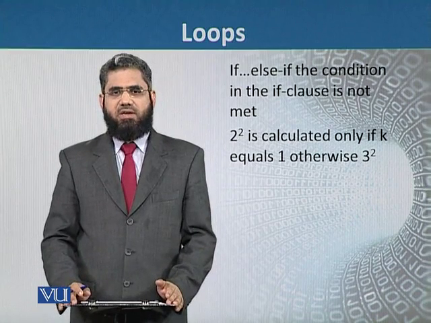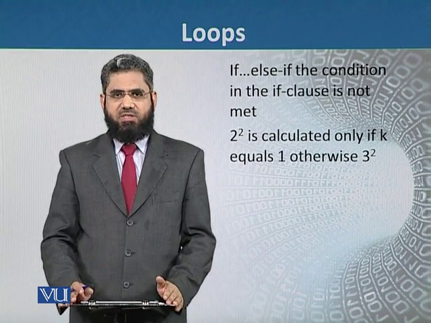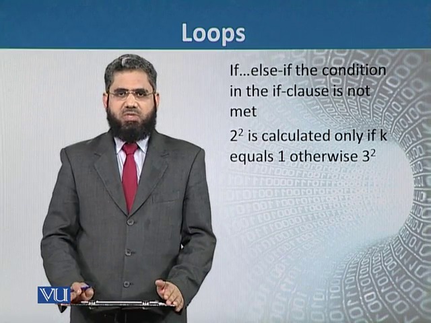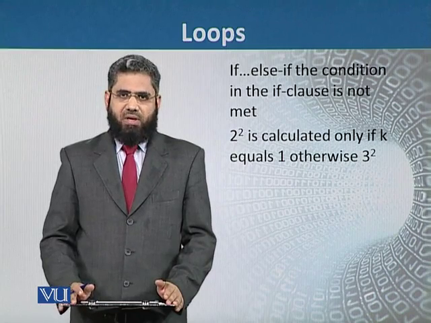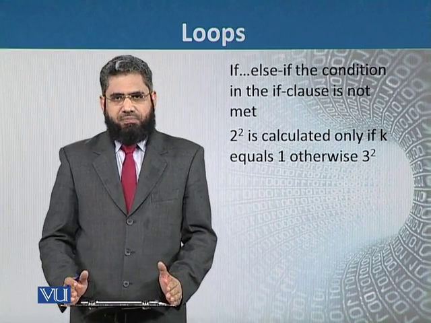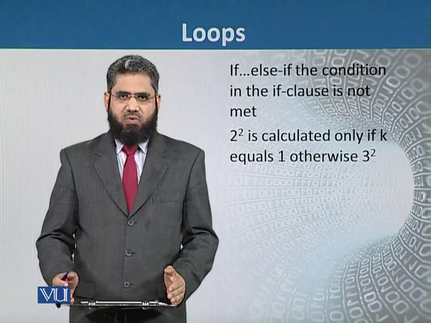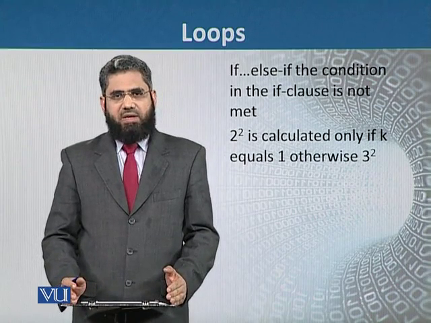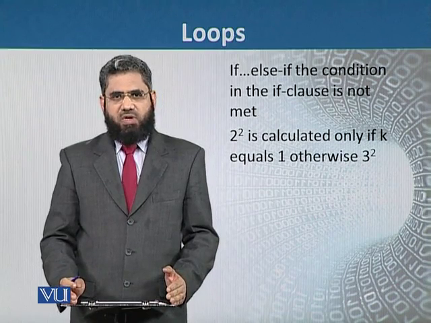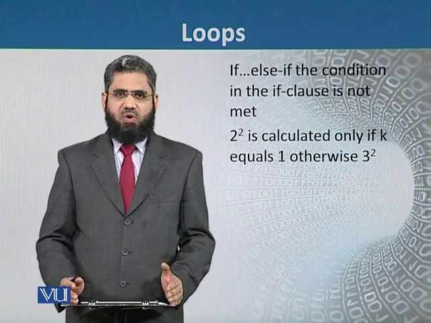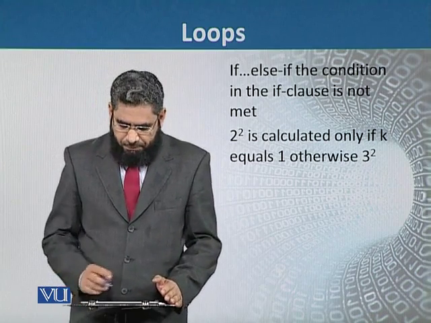But sometimes we need a condition that if k is not equal to 1, then it should proceed to some other problem. For example, if k is equal to 1, then it will proceed as 2 raised to power x, and if it is not equal to 1, then it should proceed with 3 raised to the power x, and this is called the if else condition.